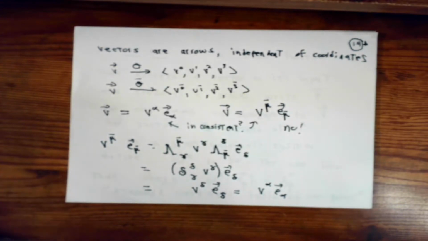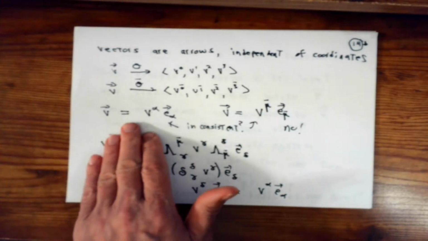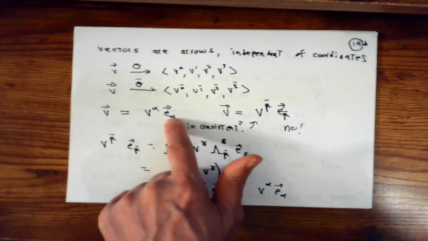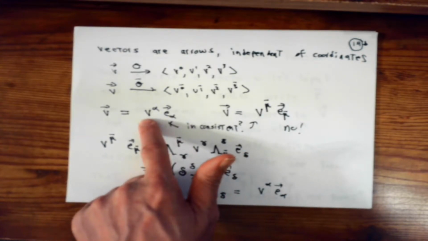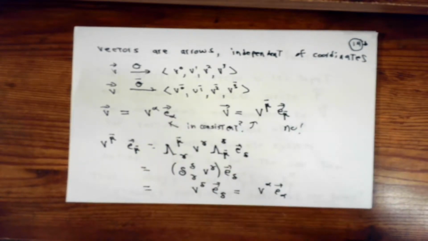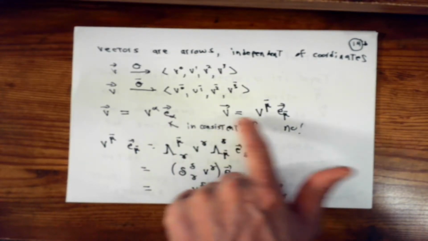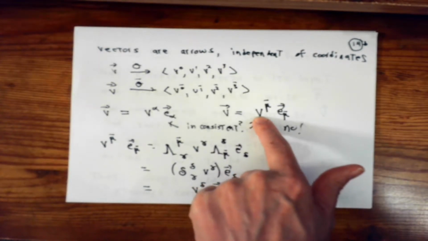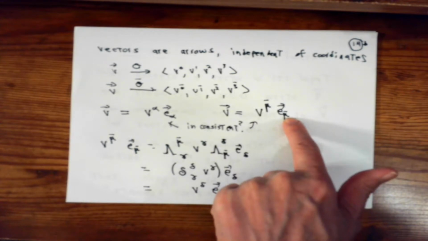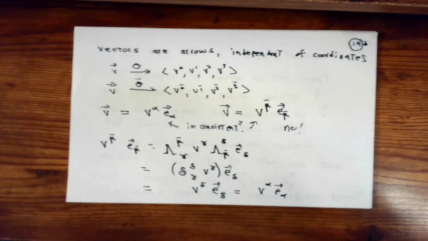So I could write v as the sum over alpha, v alpha, e alpha. These are numbers. These are the basis arrows. I could also write v as the components in the barred system, v mu bar, summed over the basis vectors in the barred system.